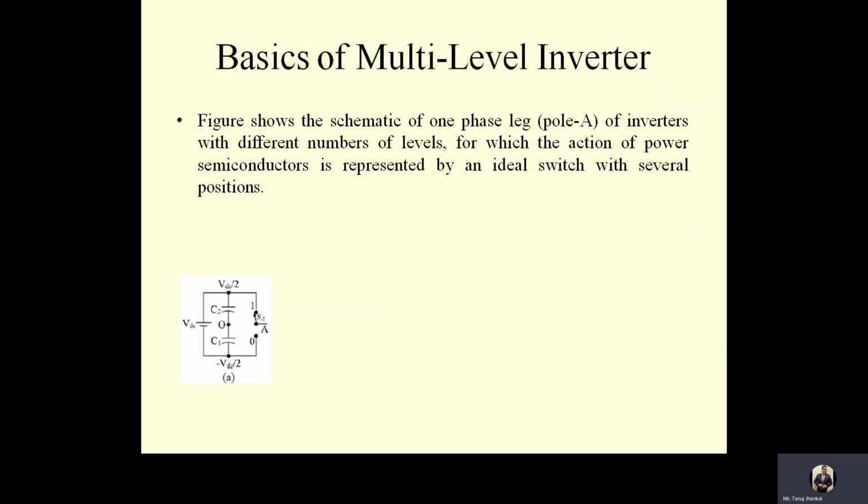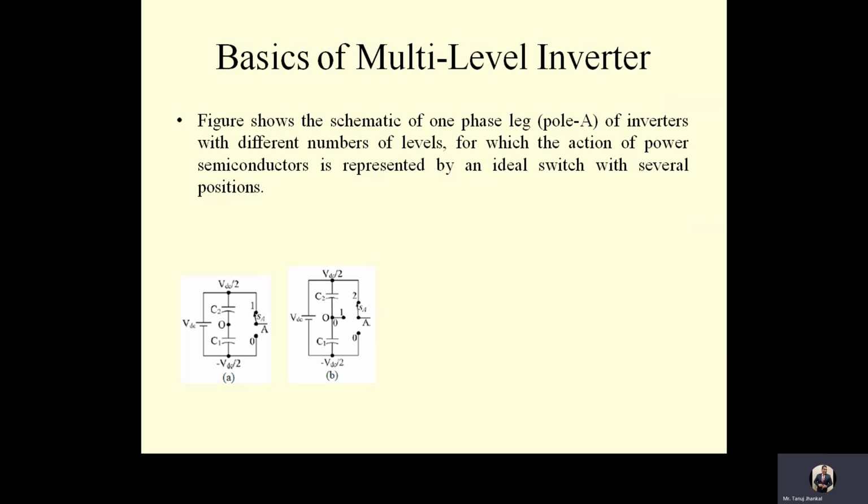The point O is the fictitious midpoint of the DC link, considered for the representation of the pole voltage VAO. Thus, VAO can be minus VDC by 2 or VDC by 2 when switch A is at 0 or 1 respectively.